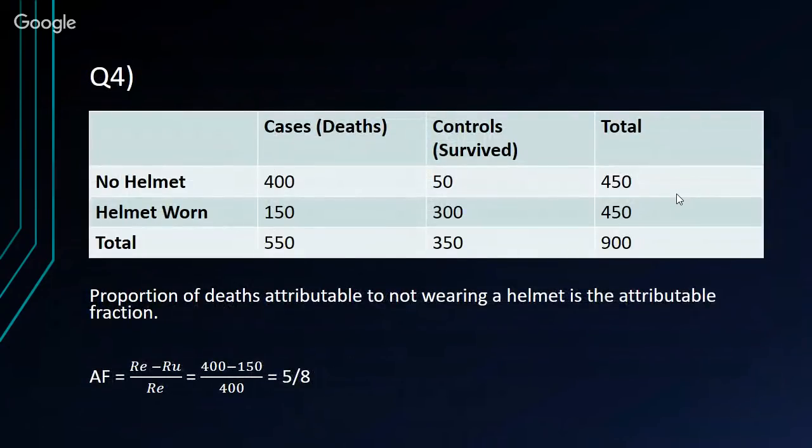Yeah, so I hope you said 400 minus 150 divided by 400. So that means of the 400 deaths with no helmet, it is likely that 150 would have occurred anyway. So therefore, 5/8 of those who died not wearing a helmet died because they weren't wearing a helmet.